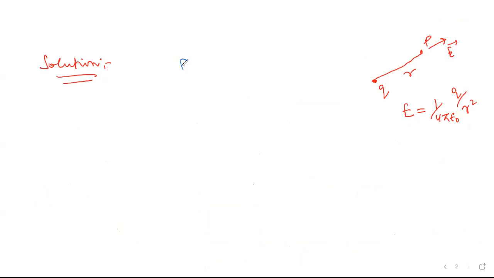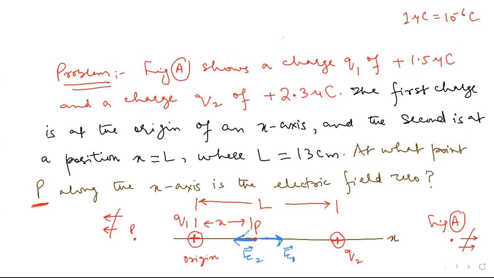So we equate the magnitude of E1 with the magnitude of E2. So that is 1 by 4 pi epsilon naught Q1 by x squared, because this point is x distance from Q1. But how much distance is it from Q2?